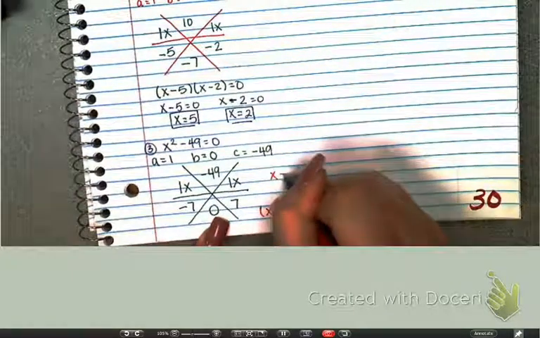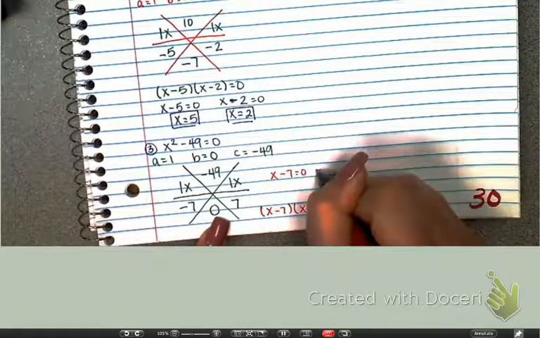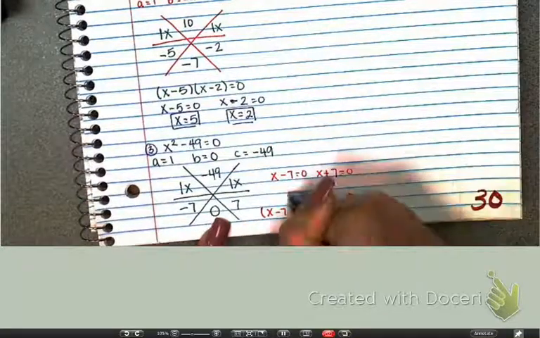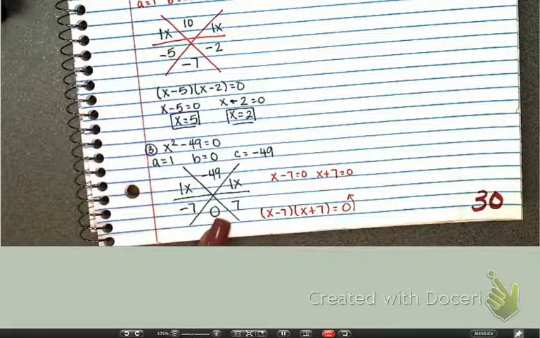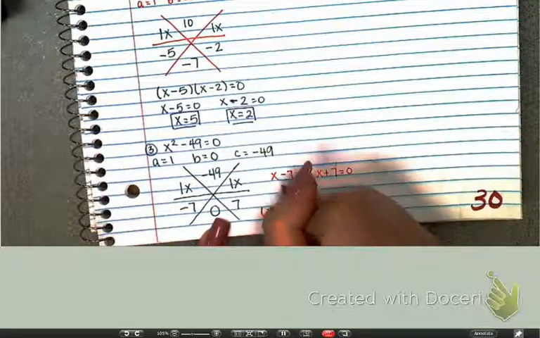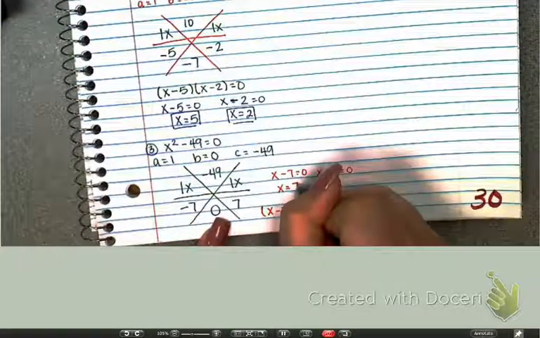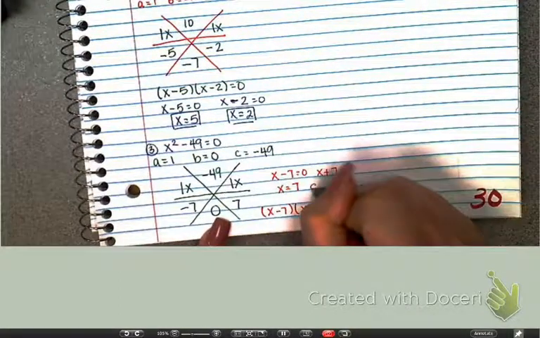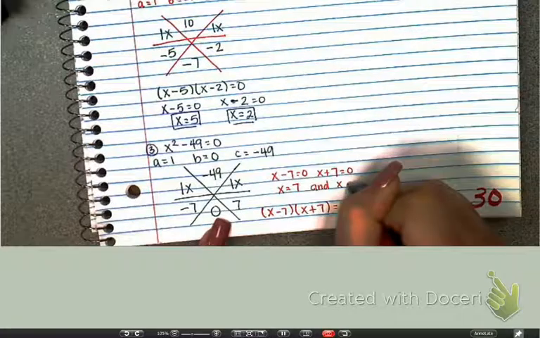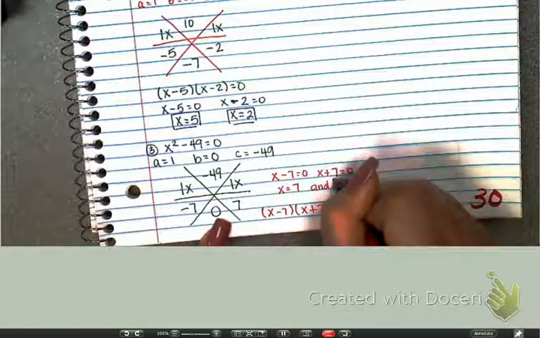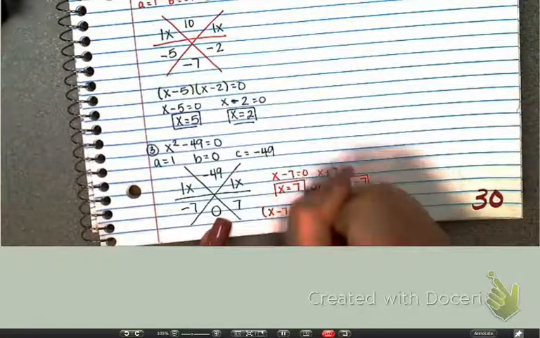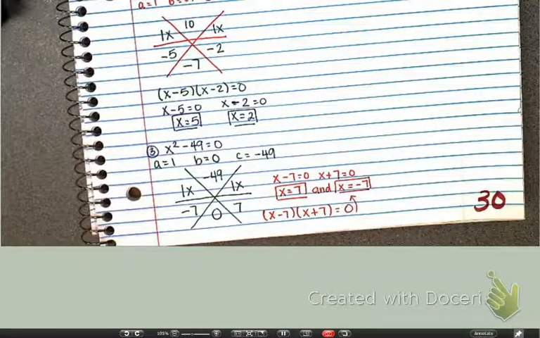So x minus 7 equals 0. X plus 7 equals 0. What does x equal? 7 and -7. Do you see how we're just combining everything?